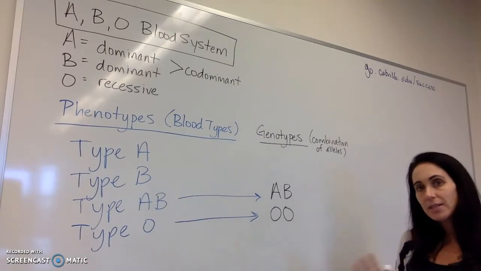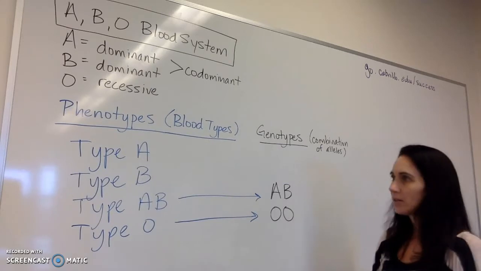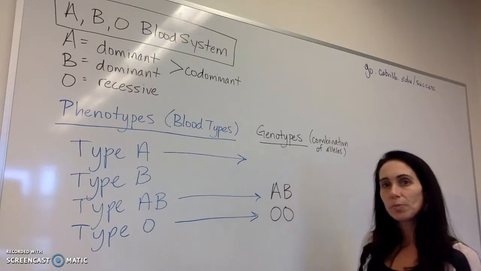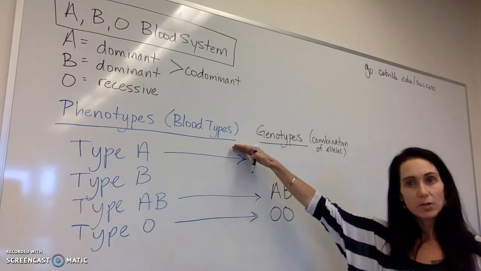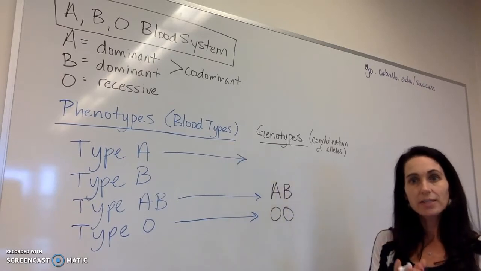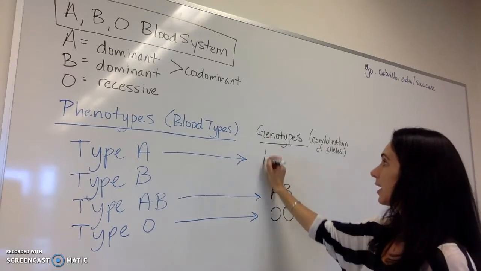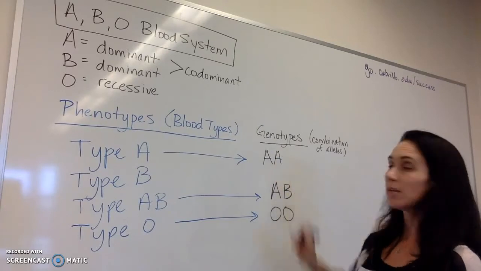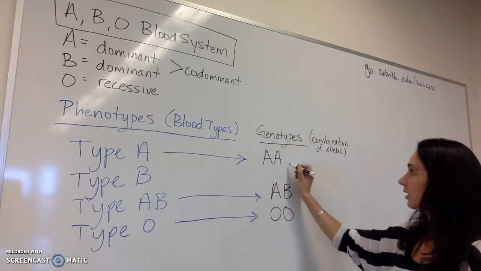Now for type A and type B, there are some more possibilities here. Okay? So let's start with type A. There are two potential genotypes that produce a type A phenotype or blood type. The first is homozygous dominant. Homozygous means same. So in this case, since we're dealing with type A blood, those two dominant alleles are going to be the A dominant alleles.